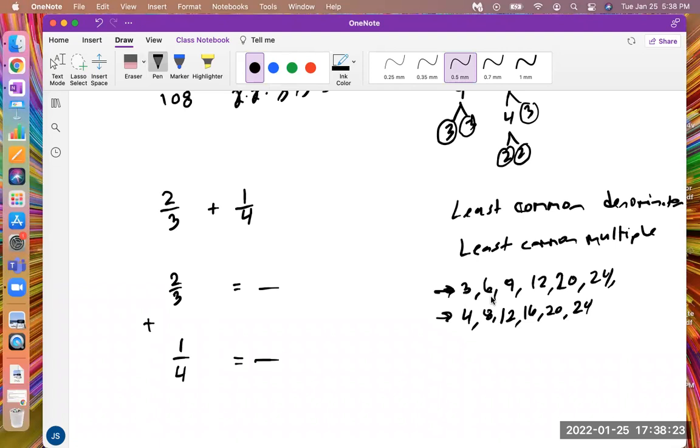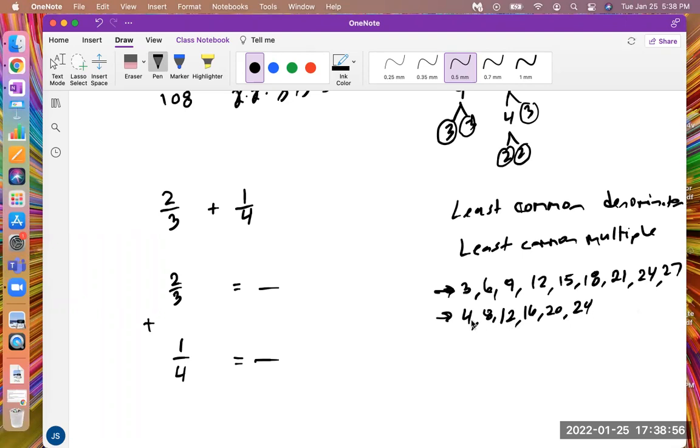So 3 times 1 is 3, 3 times 2 is 6, 3 times 3 is 9, 3 times 4 is 12, 3 times 5 is not 20. 3 times 5 is 15. 3 times 6 is 18. 3 times 7 is 21. 3 times 8 is 24. 3 times 9 is 27. Okay, that looks much better.